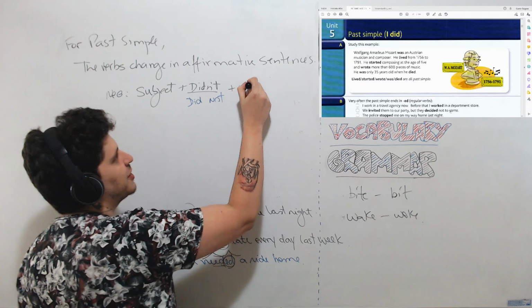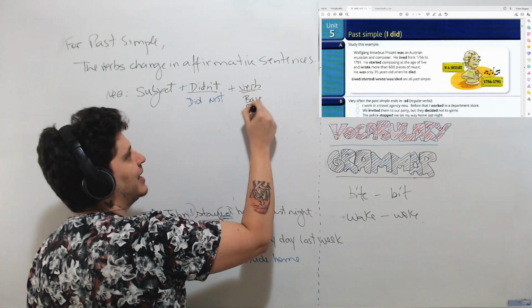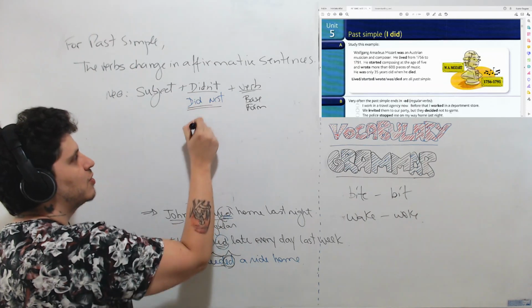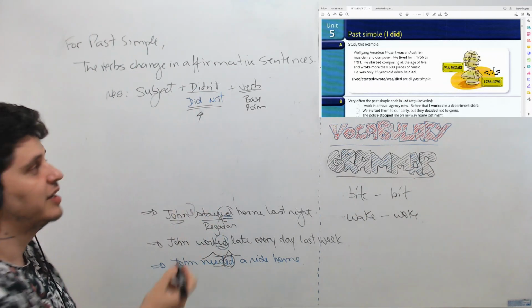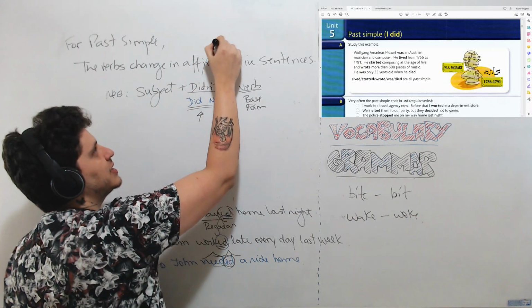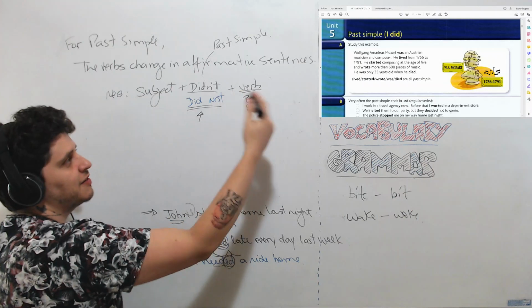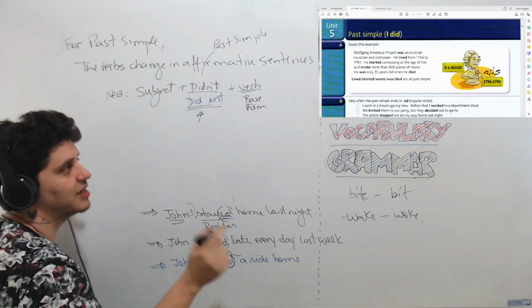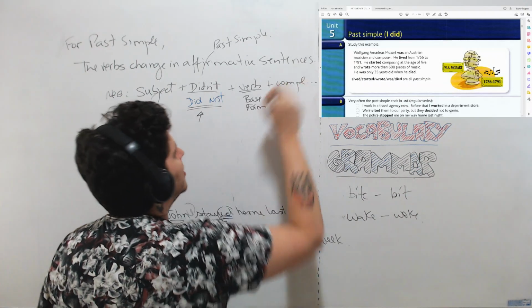Plus a verb, and this verb is in the base form now. Why, teacher? Because you have just showed that you were using past by its auxiliary. The auxiliary here is showing that this is past simple. So the verb doesn't need, and in fact it can't be in the past. Okay? Plus the complement. The complement must exist.